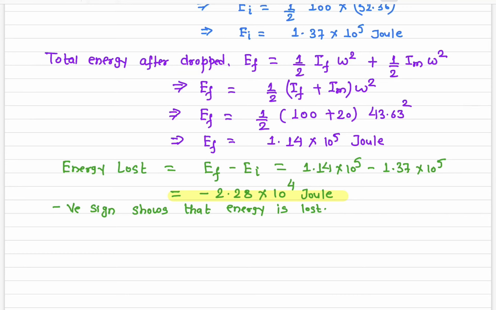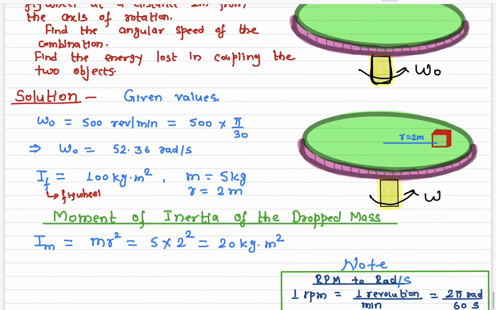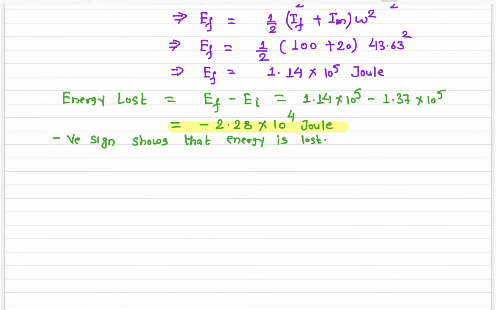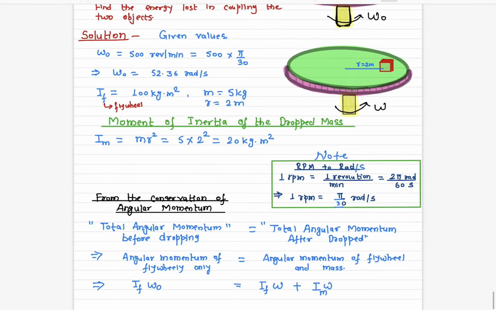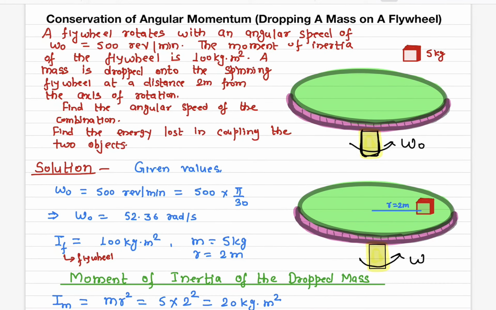So what is the energy lost then? This energy is lost in coupling the two objects together. So in coupling the two objects together, this much energy is lost. So this is it for the angular momentum of a flywheel and a mass.